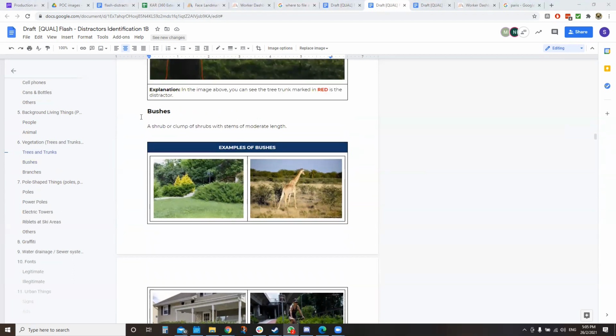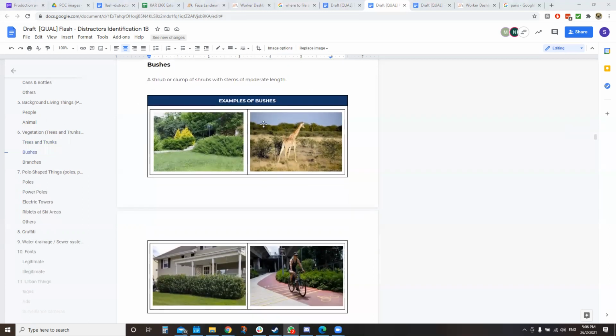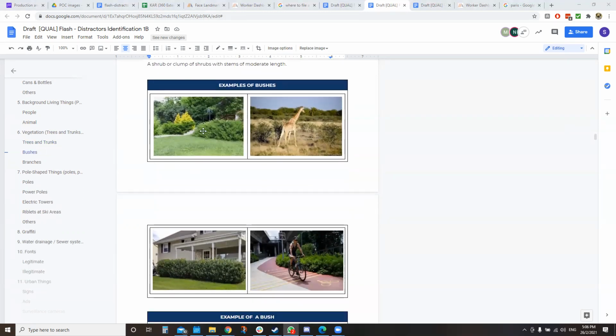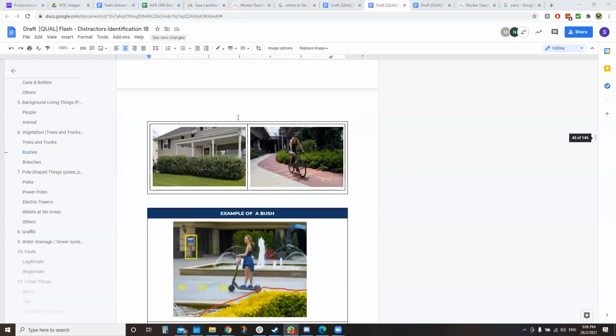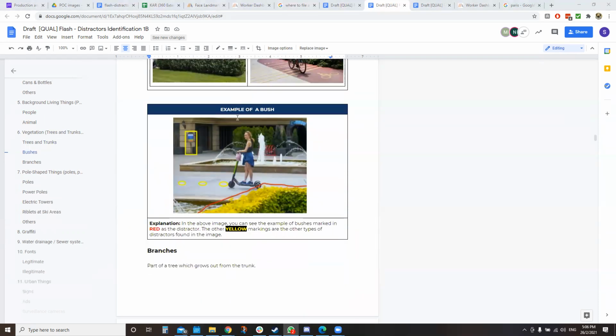Bushes, shrub or clump of shrub with the stems and of moderate length. So same here. Okay, bushes. So this is the bush, and these are all the distractors.